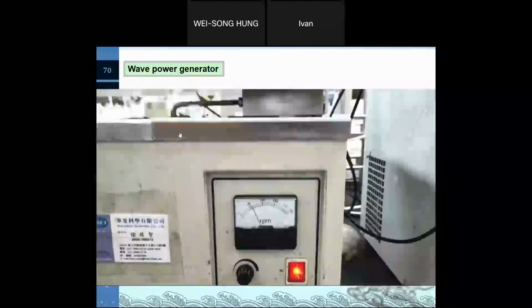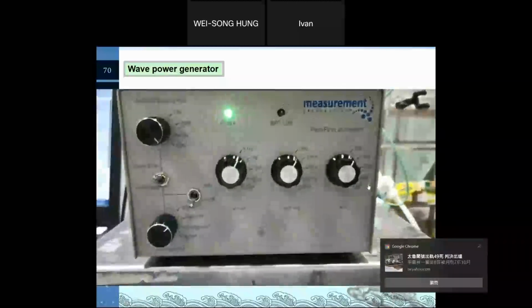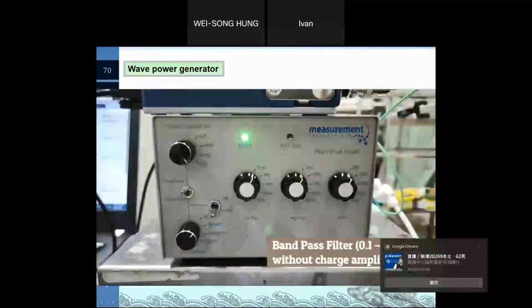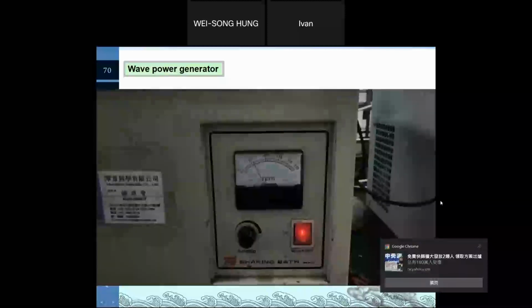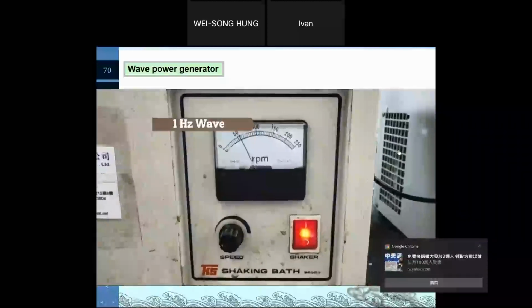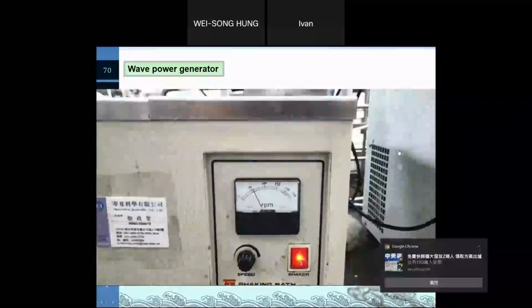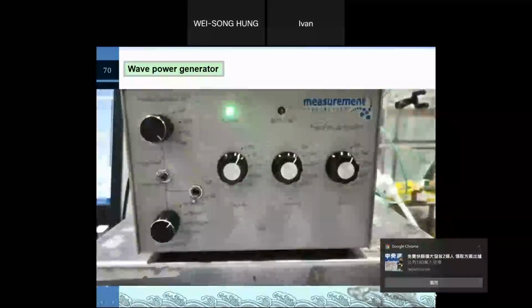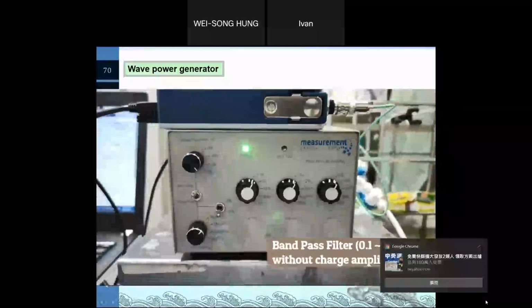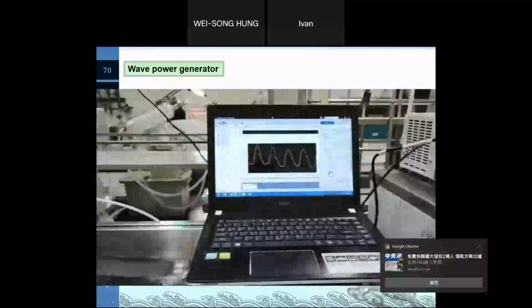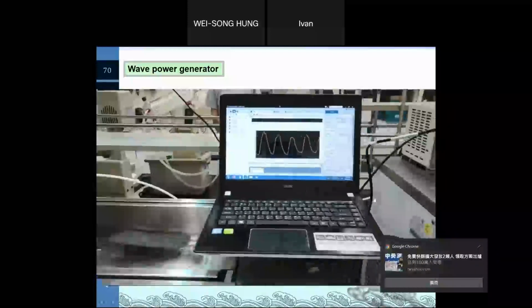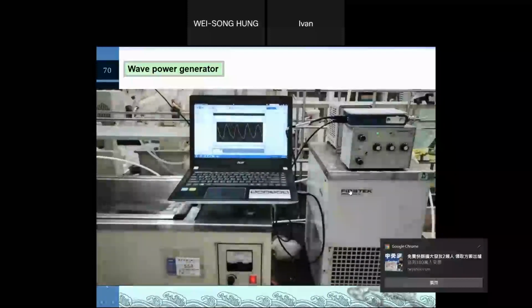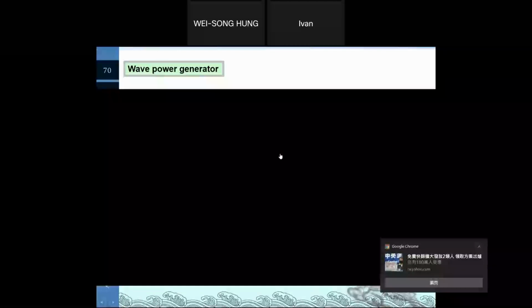Here is showing 1 hertz. So this membrane supports water collection and power generation at the same time.